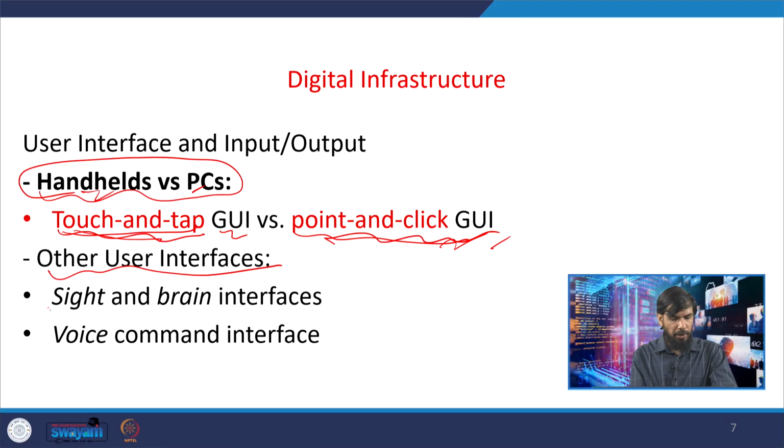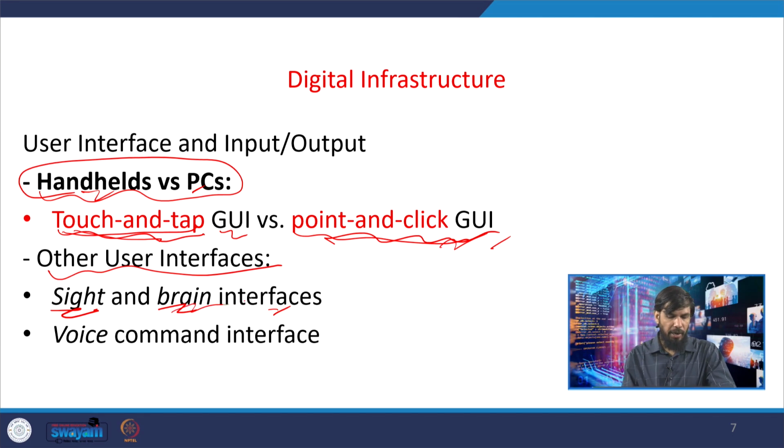For example, sight and brain interfaces. A sight interface is where your eye is focusing, and you record that using a camera and maybe other sensors. So, with the help of a camera and sensors, you use sight to interact with the computer.